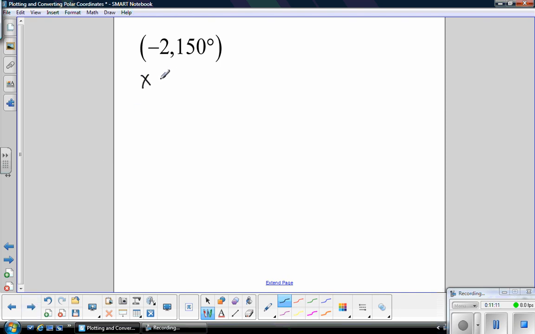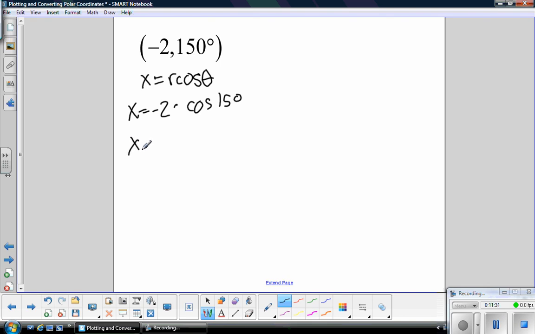Okay, so convert that point to rectangular coordinates. Remember your formula. x equals r cosine, because cosine is standing for the x-coordinate on our unit circle. So x equals -2 times the cosine of 150 degrees.